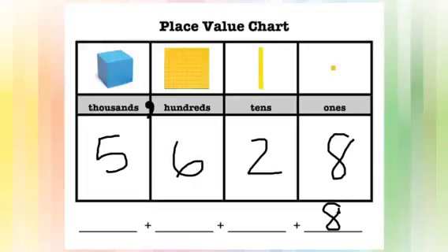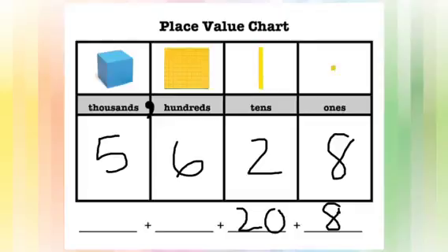Now this 2, even though the digit 2 is smaller than the 8, because the 2 is in the tens place, it has a greater value. Because this 2 is like saying I have 2 $10 bills. Not 2 $1 bills, but 2 $10 bills. So how much is two $10 bills in money? It's $20.